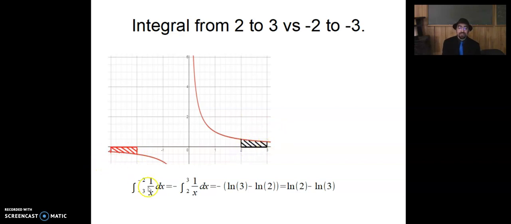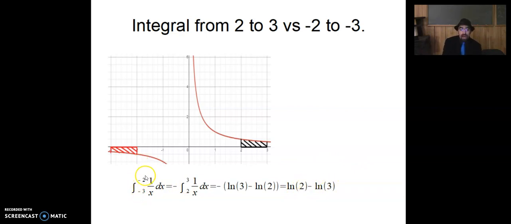So I can say that the integral from negative 3 to negative 2 of 1 over x dx equals the negative of the integral from 2 to 3 of 1 over x dx. That's going to equal the negative of natural log 3 minus natural log 2. That gets me natural log 2 minus natural log 3, when I distribute the negative sign. Notice, the integral from negative 3 to negative 2 of 1 over x dx equals natural log of positive 2 minus natural log of positive 3.